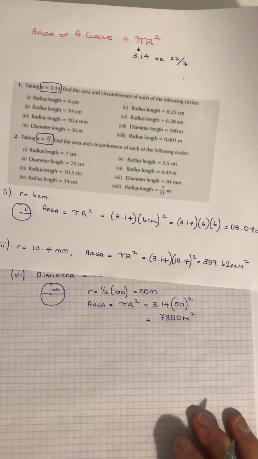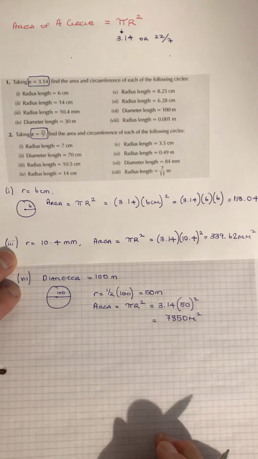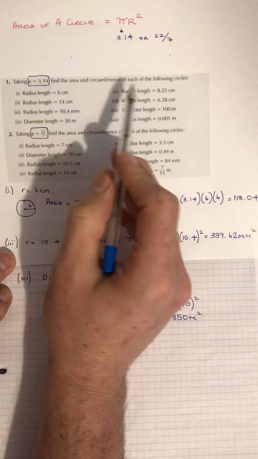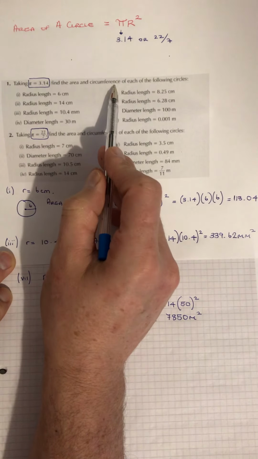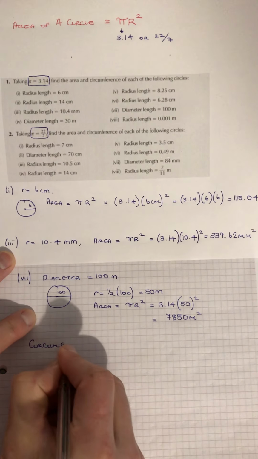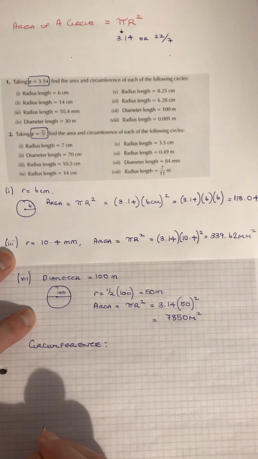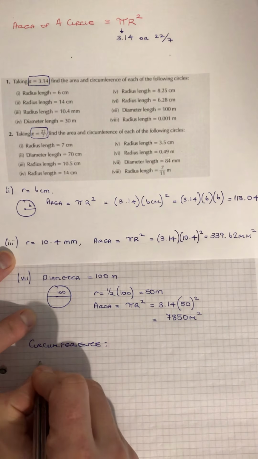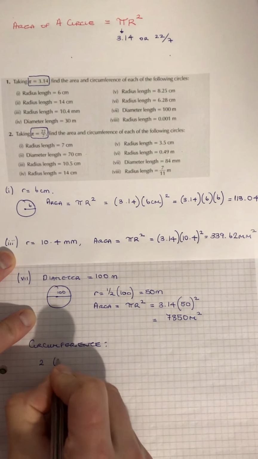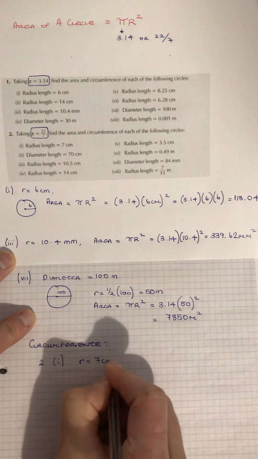Okay, now I just did area there for you, right? But what happens if we're asked to find the circumference? So for the circumference of a circle, okay, so look at question 2, part 1. The radius is equal to 7 centimeters.